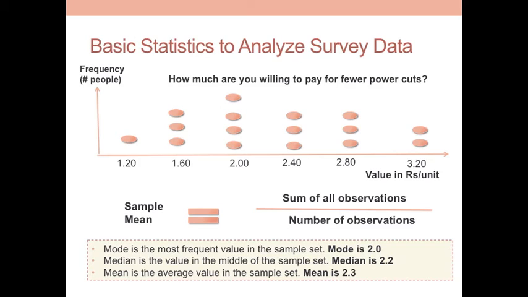So the most frequent response that was given was rupees 2 per unit. 4 people in our survey sample set said that they would pay up to rupees 2 per unit extra for fewer power cuts. This value represents the mode. In contrast, the median represents the middle value of this distribution and works out to be 2.2.